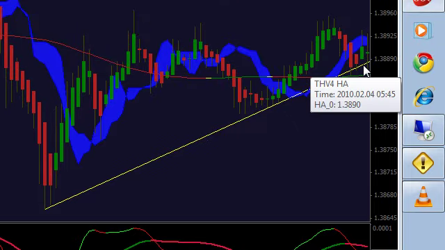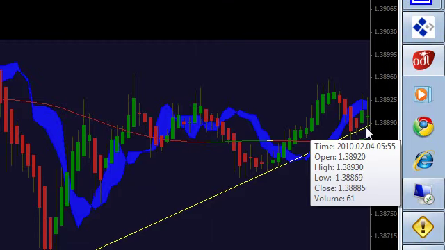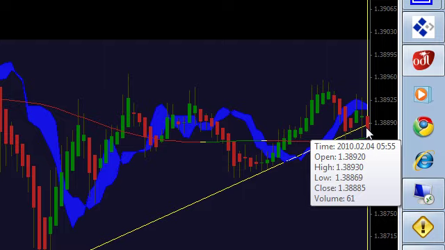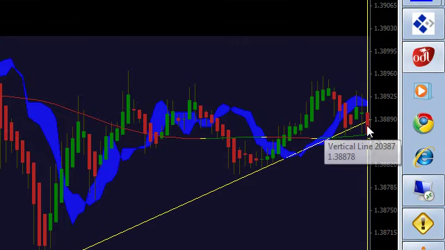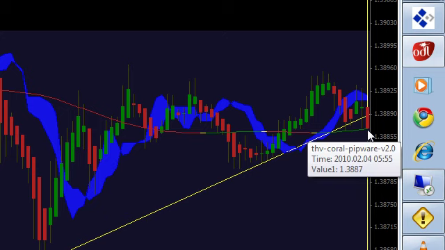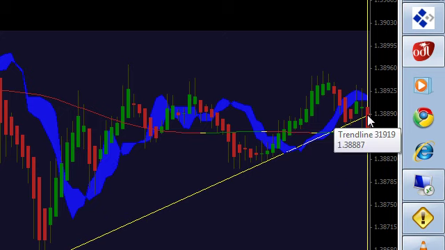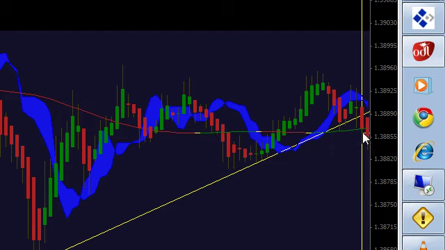Carrying on, we'd breached the trend line, we were below the cloud, just waiting for it to close below there. We finally got the candle through there, and so all rules met, and we're even just heading below the coral. This is where I entered the trade on this candle. If I press F12 again, we can see just a horizontal bit of yellow there. That's where I entered the trade.